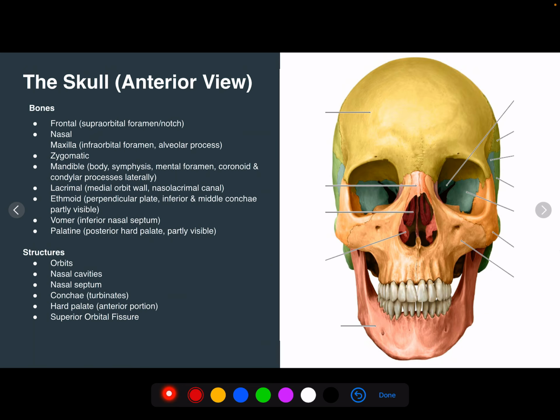And then we have our superior orbital fissure. If you can see where I'm outlining, it is going to be that bony cleft between the lesser and the greater wings of the sphenoid, okay? So our superior orbital fissure is formed by the superior and inferior wings.